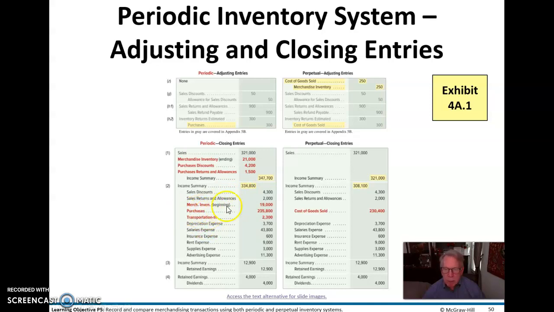Here we have some beginning inventory that we adjust, our purchases, our transportation in, whereas we only have the one cost of goods sold for perpetual. You're just going to have to study this sheet a little bit before this makes sense to you. But once you get the feeling for this, it'll start to make sense.